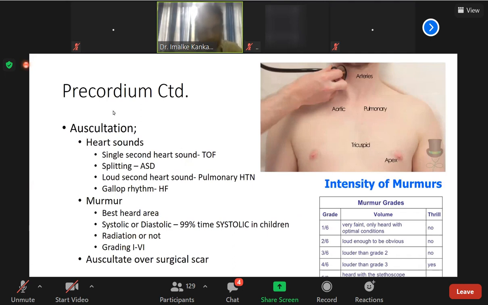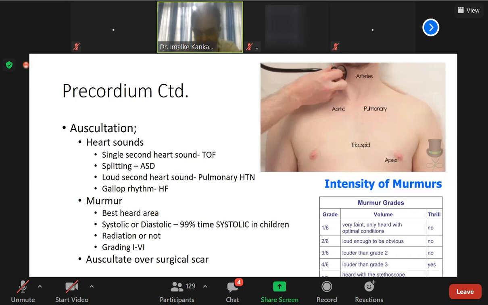So auscultation. Now we have talked about general examination. We have talked about peripheral cardiovascular system examination. Now I am talking about precordial examination, in which I have talked about inspection and palpation. Now I am going to discuss auscultation. So there has to be an order in auscultation. You can't just keep your stethoscope here and there.